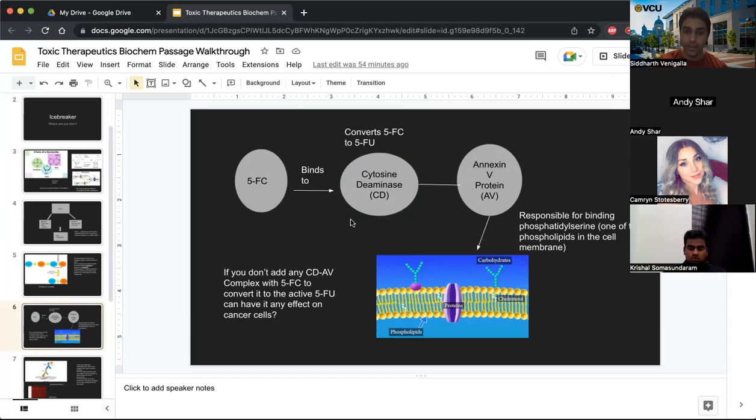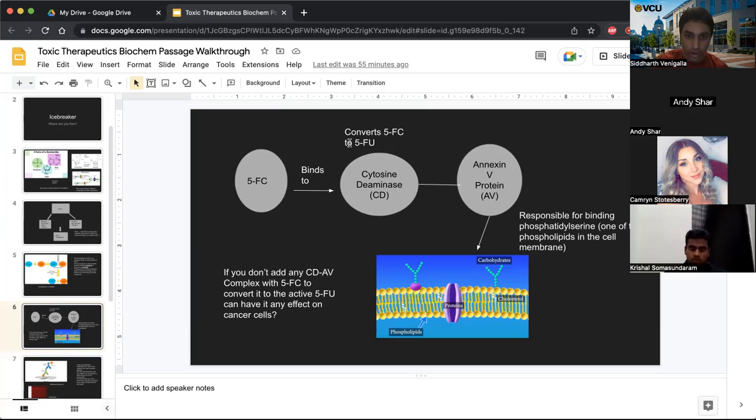Our carrier protein is made up of CD and AV. AV binds to phosphatidylserine, which is a phospholipid. Phospholipids are what make up a cell membrane. So that's how our carrier protein binds to the cells. Does that make sense? Yeah, that makes sense.